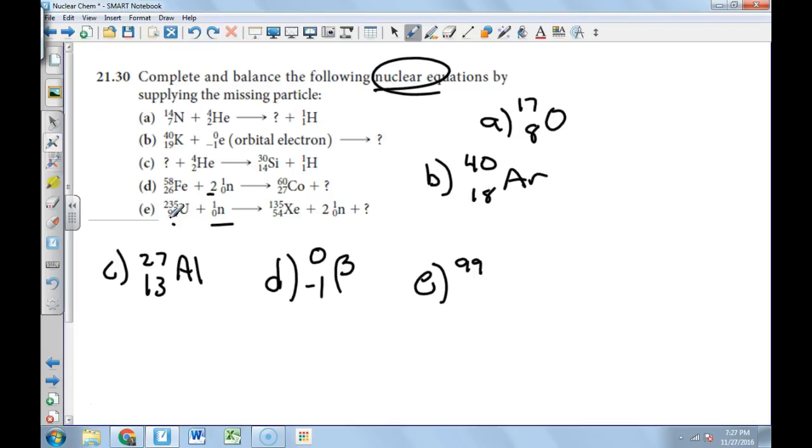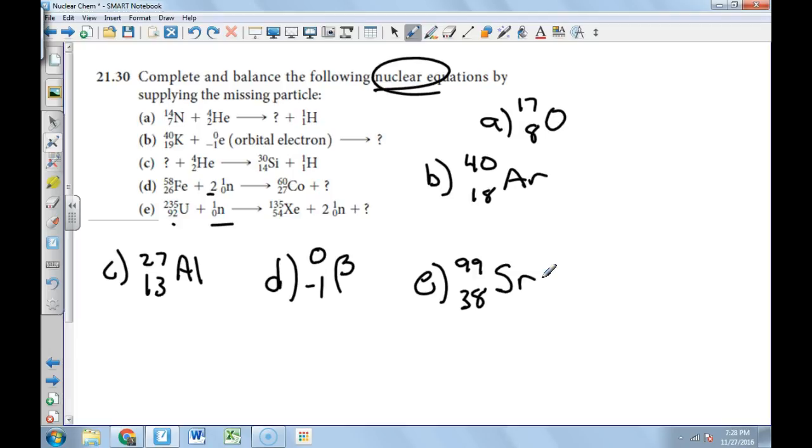Then 92 plus 0 is 92, so that's 54 plus 2 times 0 is 0, so 92, 54, that must mean this bottom number is 38. Make sure I did my math right. 38, 2, carry 1, 92. Great. And we look at the periodic table for what 38 is, and that's strontium.